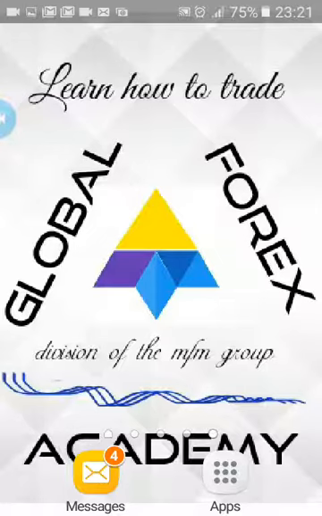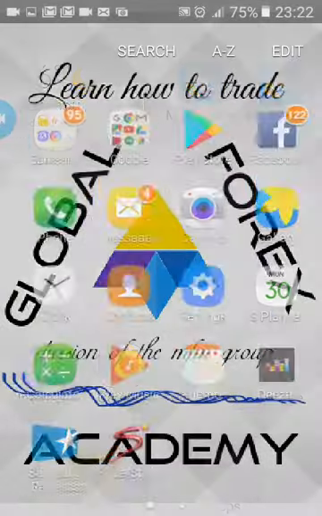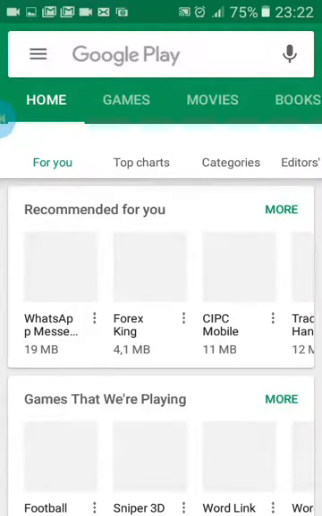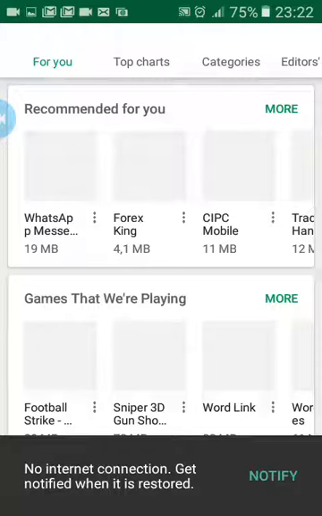Okay, let me start from this angle now. Let me go to my apps, and I will be looking for Play Store. I'm using Samsung. This is a Samsung Play Store. Because I'm offline, I'll be just trying to show you how you go about it. As you can see, my screen is blank.